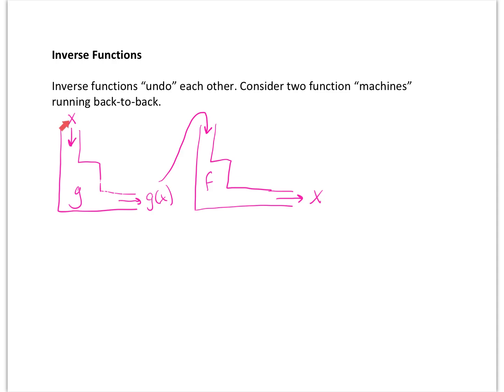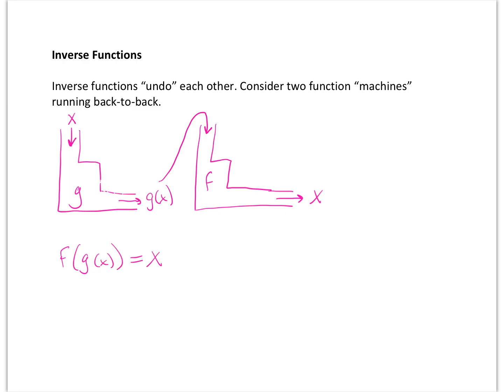So I put an X into the G machine, it changes it into a Y. You take that Y and run it through the F machine, and F just undoes whatever G did and gives you the original X back. So that means that F of G of X is X.